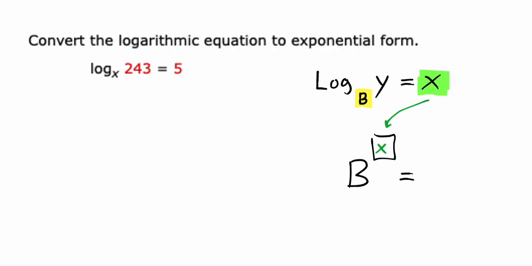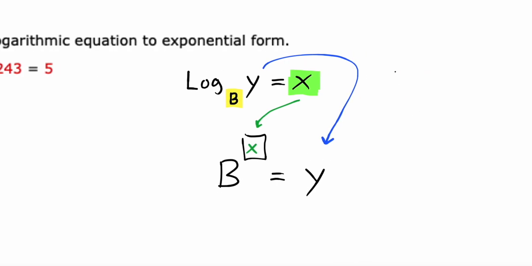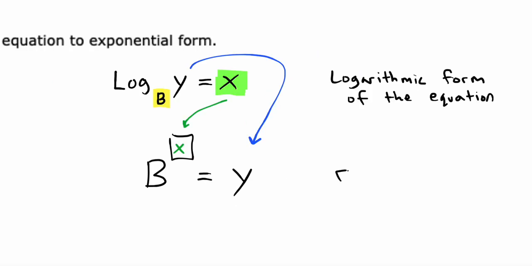And then the y here, whatever you're taking the log of, that goes on the opposite side. So this is called logarithmic form, and this would be exponential form.